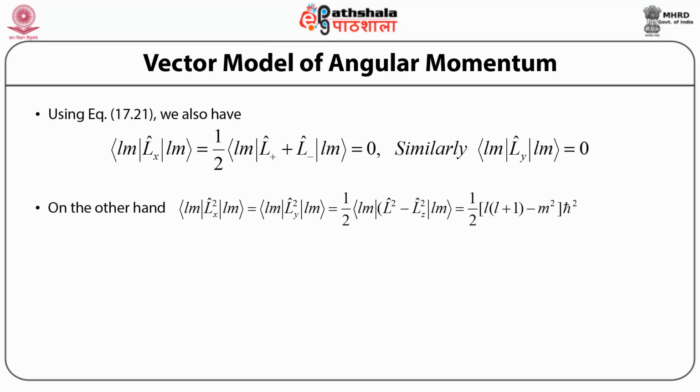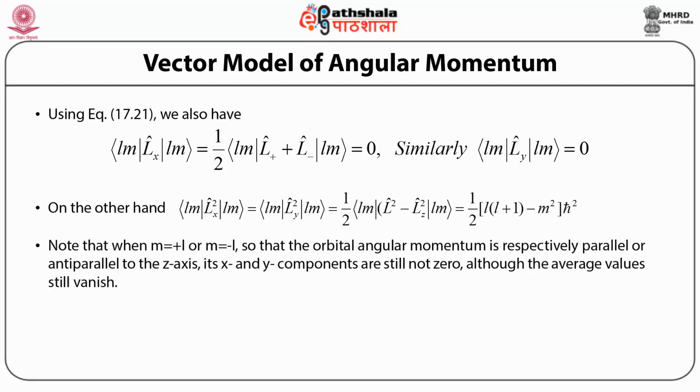On the other hand, the inner product of lm with operator Lx² acting on ket lm is equal to the inner product of lm with operator Ly² acting on ket lm, which is equal to 1/2 the inner product of lm with operator L² minus Lz² acting on ket lm. This is equal to 1/2 (l(l+1) − m²) ħ².